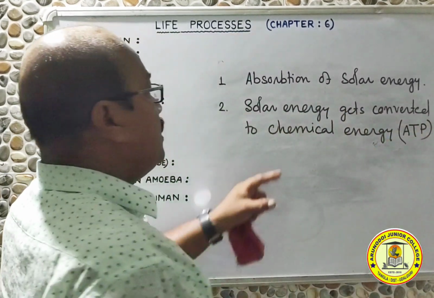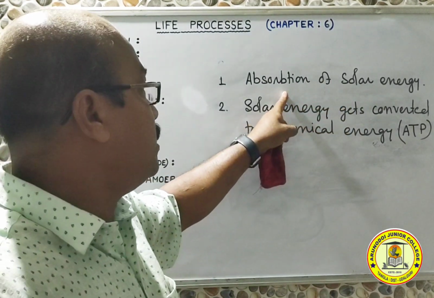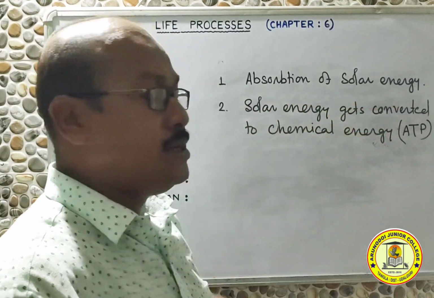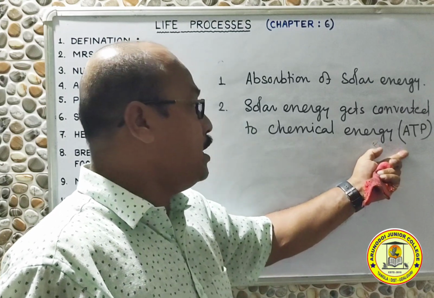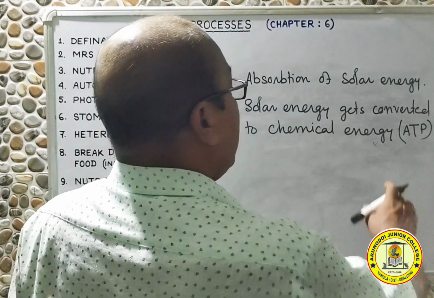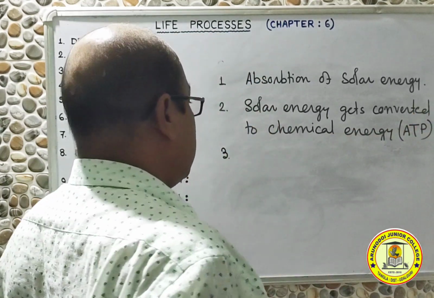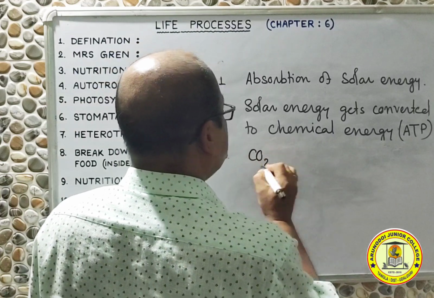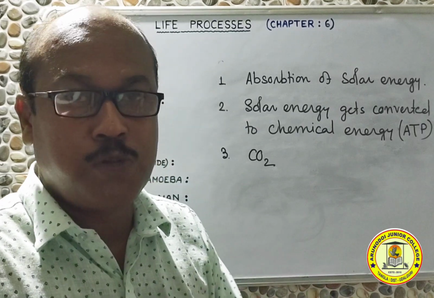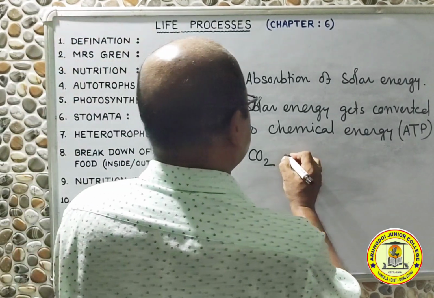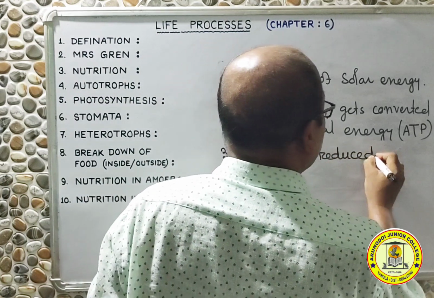When the solar energy, meaning sunlight, is absorbed by the chlorophyll molecule in the first step, the green plants convert this solar energy into chemical energy in the form of ATP inside the chlorophyll molecule. Once the energy is obtained by the plant, the third and final step takes place: the carbon dioxide, which I have already mentioned is absorbed by the plants from the atmosphere through the stomata, gets reduced.